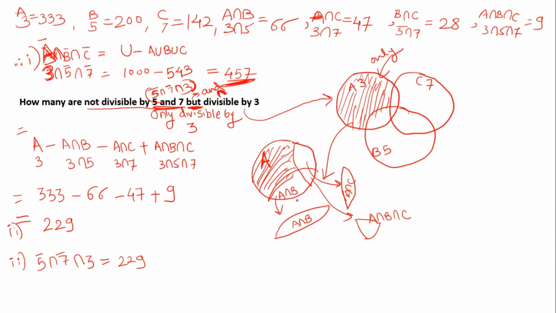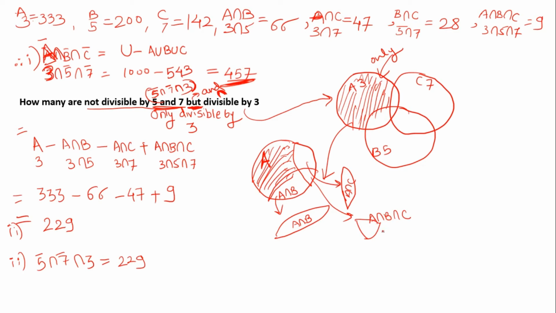The whole portion which is divisible by 3 minus, we don't have to consider numbers which are divisible by any other numbers. We just have to calculate the numbers which are only and only divisible by 3. So that will become whole A minus A intersection B minus A intersection C. But while removing these two, we have subtracted the numbers which are divisible by 3 and 5 and 7 one time extra.